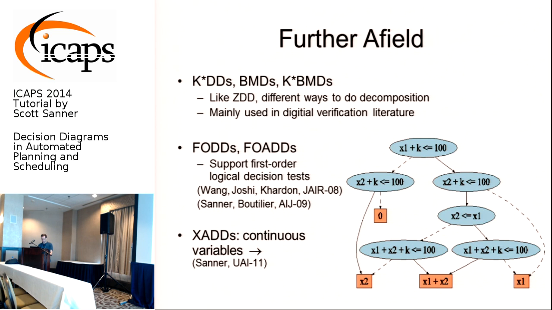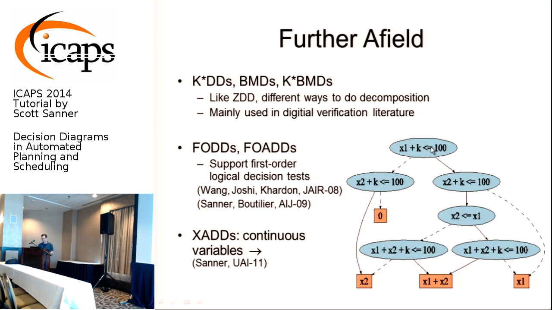Okay, and my recent work since 2011 has been working with continuous extensions of decision diagrams. I've previously worked on some lifted and some relational extensions. I'm not going to talk about those, but I will talk about some continuous extensions, just briefly in 2 slides. So basically, if you have functions which have continuous variables in them, now your decisions can be inequalities, not just linear inequalities, but they could be nonlinear if you wanted.